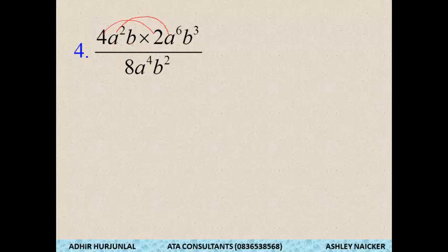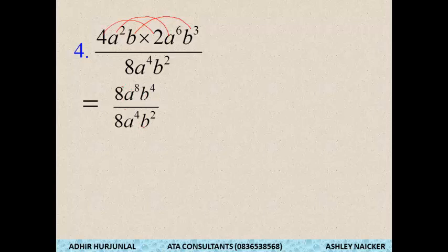Remember, concentrate on these two. It's a to the 8. What about b times b cubed? This is a 1, this is a 3, so it's b to the 4. So this is equal to a to the 8, 2 plus 6, b to the 4, 1 plus 3. Now I write down my denominator as so.